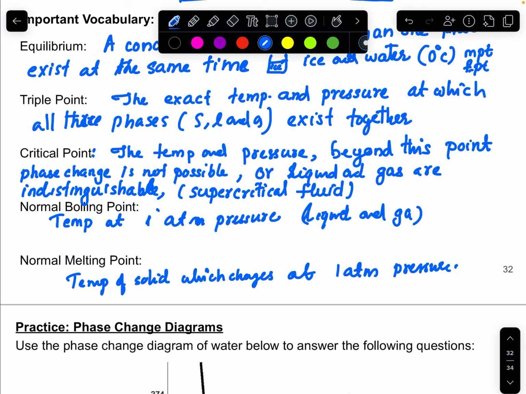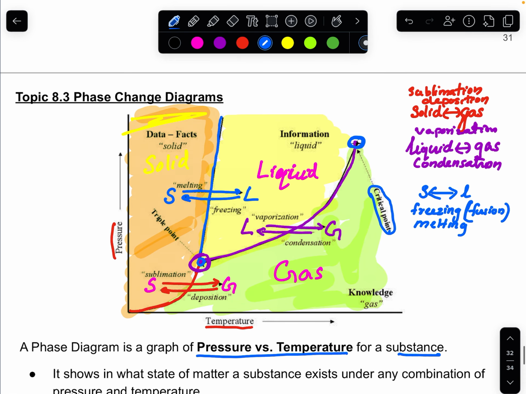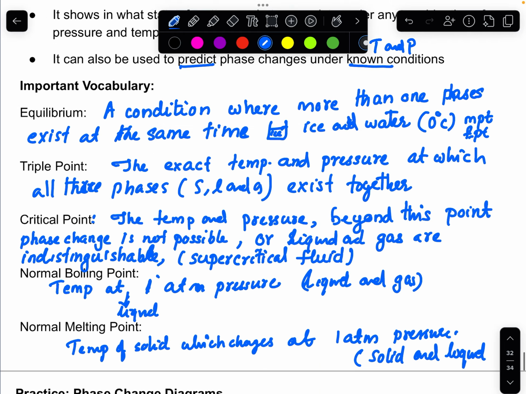We are saying here temperature of a liquid at 1 atm pressure. Okay, that is the temperature needed. So here there is an equilibrium between what and what? Solid and liquid. Okay, so those are the basic explanation for a phase diagram.